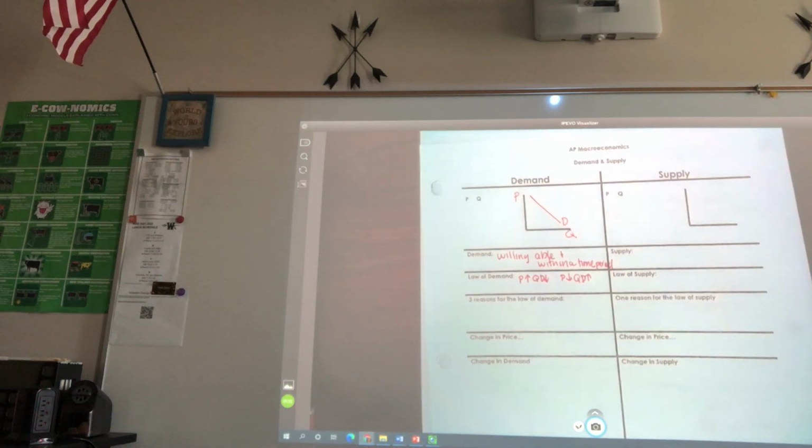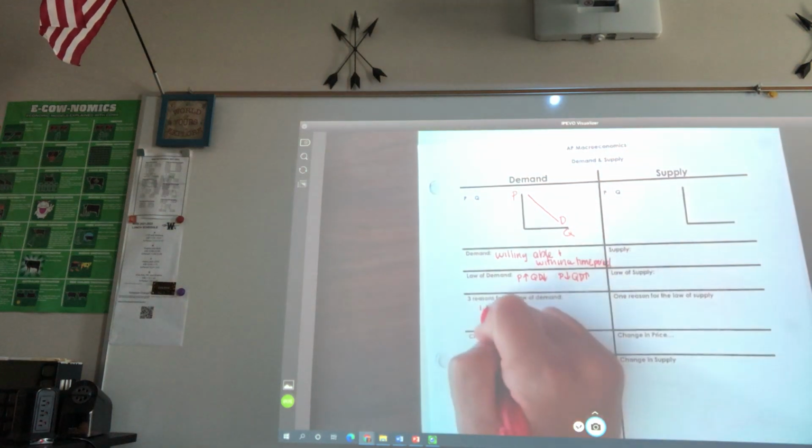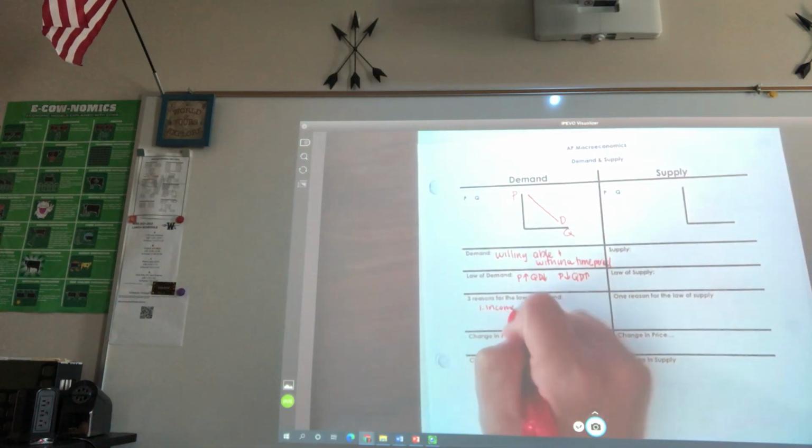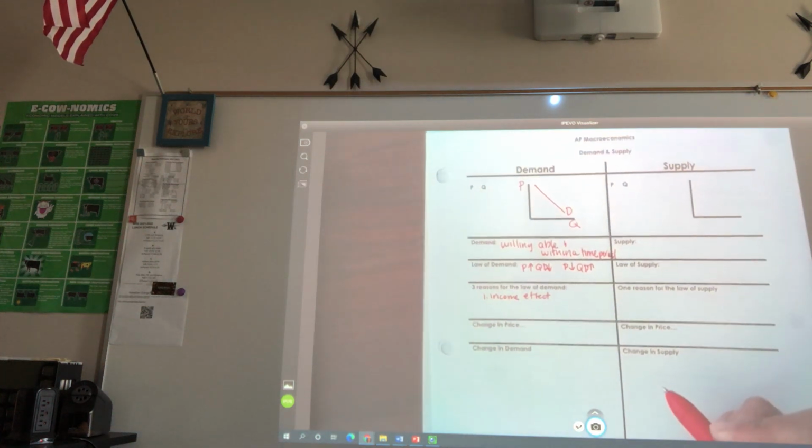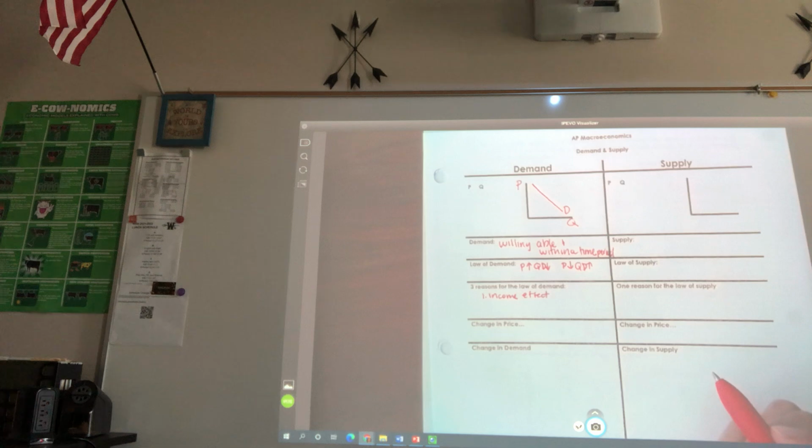There's three reasons for the law of demand. Okay, one is the income effect. That as the price goes up for something, it impacts your income, right?